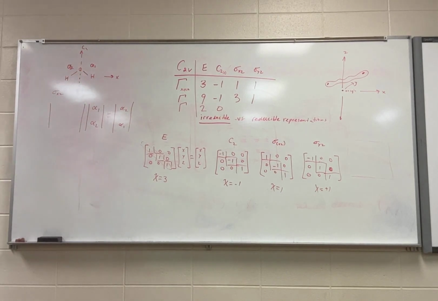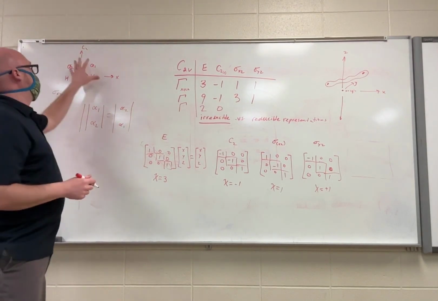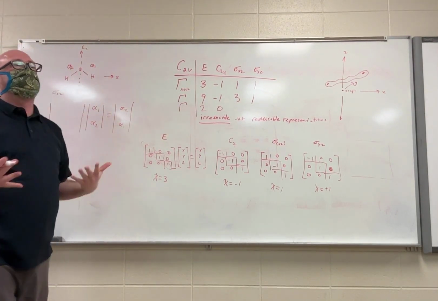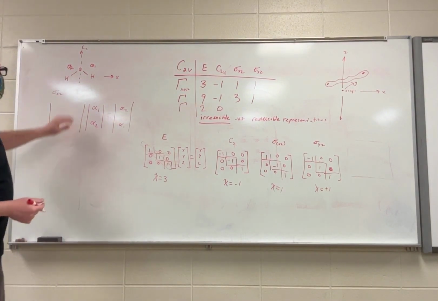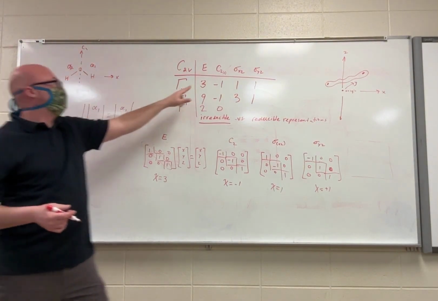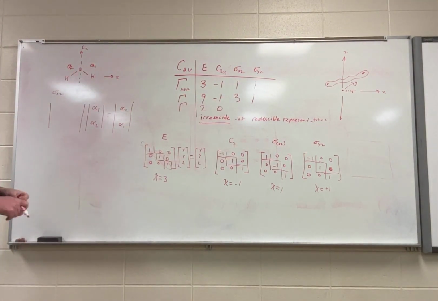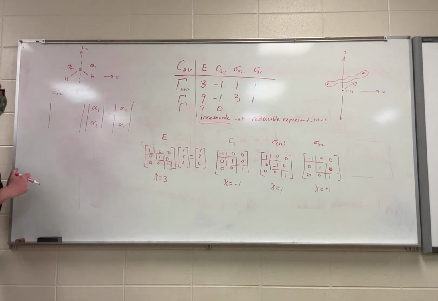You get to set the Cartesian coordinate system however you like, right? So we just set it up in a way that makes it easier for us to solve the problem. And if we set one of the axes so that the molecule is in one of these vertical planes in C2V, it makes it an easier problem to visualize. Okay? So that X is by choice for those reasons.